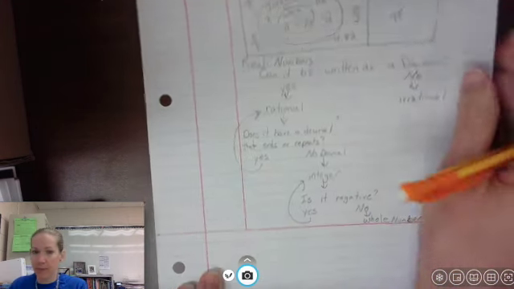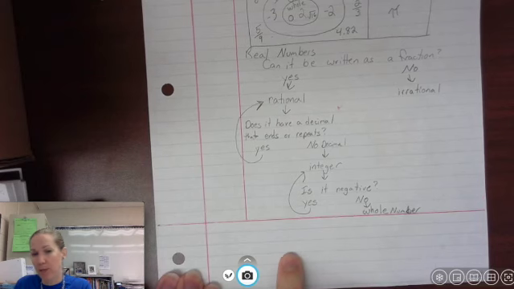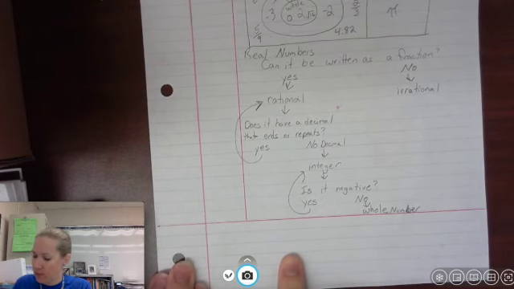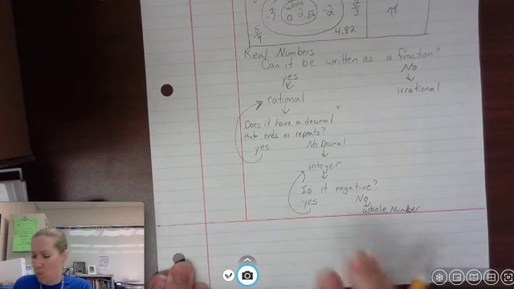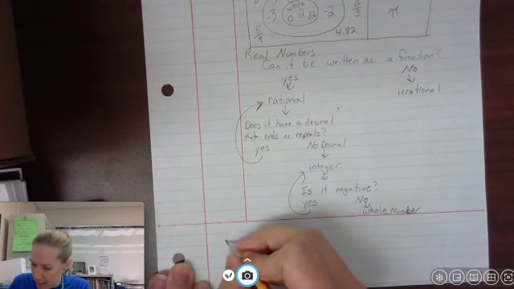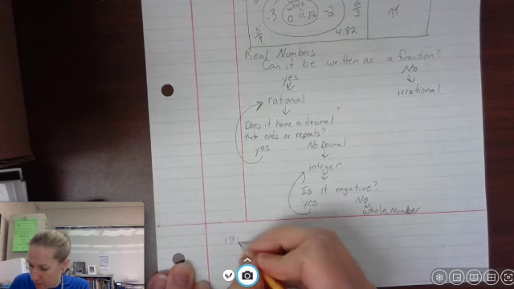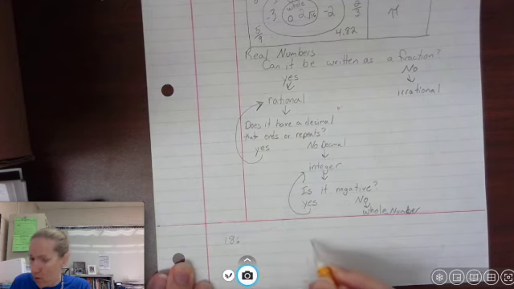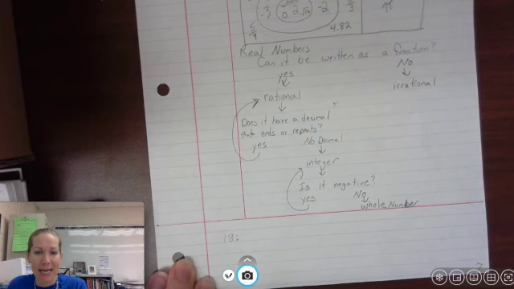Down here, you should try out some different numbers. So some different numbers that I would like you to figure out what they are. 18, and write out all of the different classifications of the number 18.